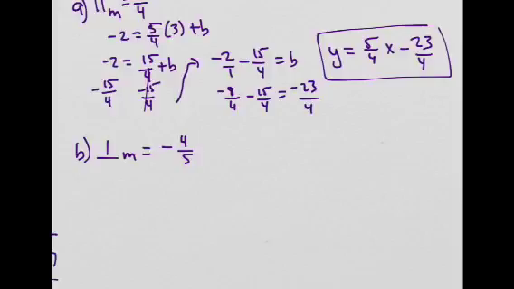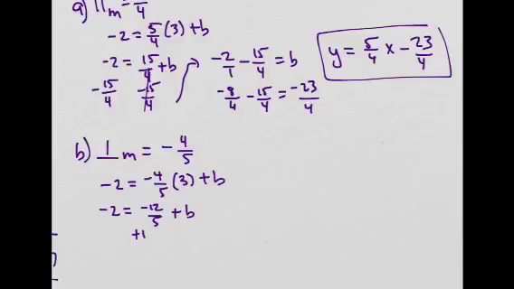Okay? And again, we're using 3, -2, so -2 equals -4/5 x plus b. So that gives me -2 equals -12/5 plus b. So I'm going to add 12/5 to both sides.